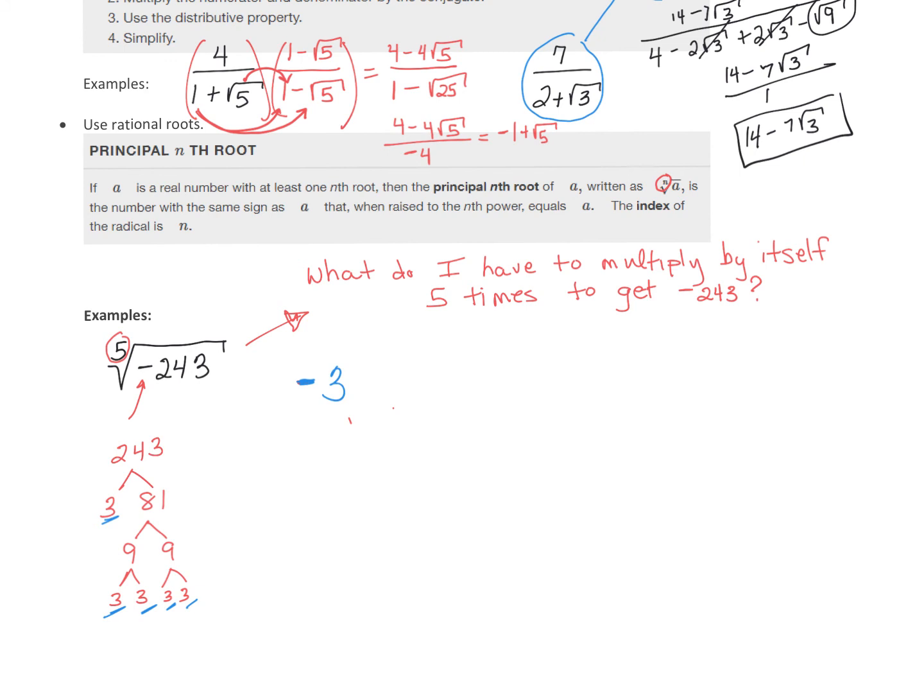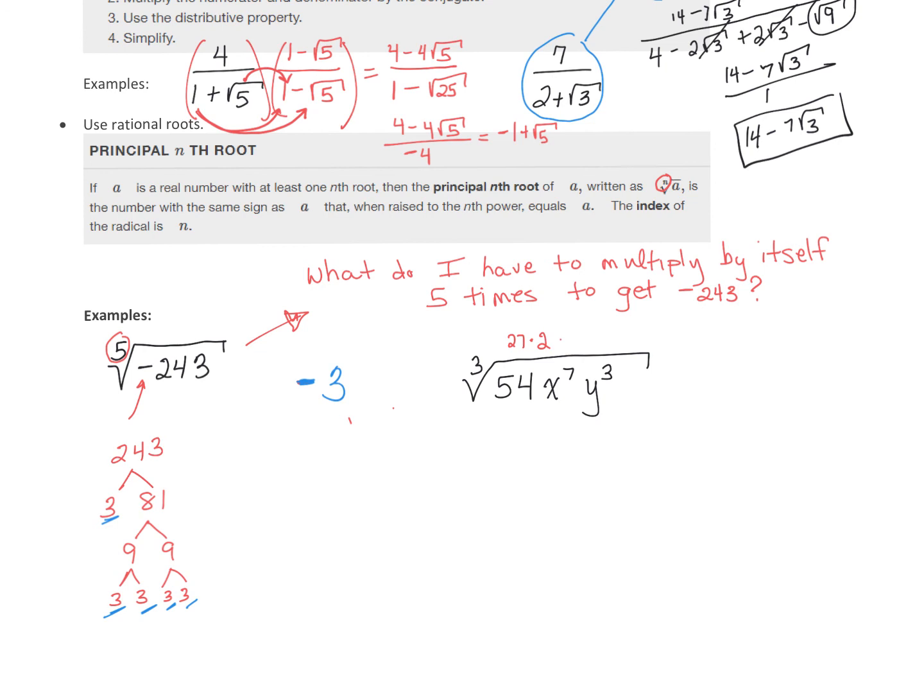Here's another example. Let's say we want the cube root of 54 x to the 7th y to the 3rd. So what you want to remember is we're looking for perfect cube factors now, and 54 is 27 times 2. 3 times 3 times 3 is 27.